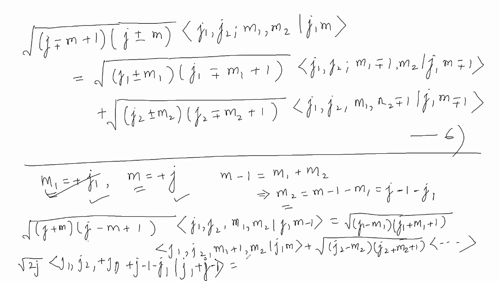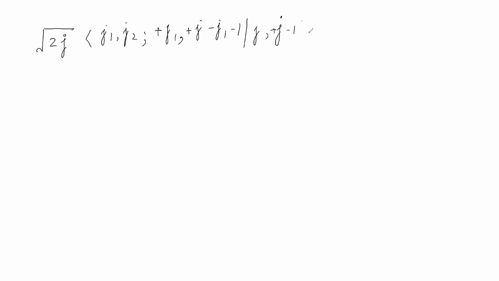let me just change the slide if you have jotted it down, because there is overflow. I am rewriting it. What you will get is square root 2j, j1, j2 plus j1 plus j minus j1 minus 1, j plus j minus 1.